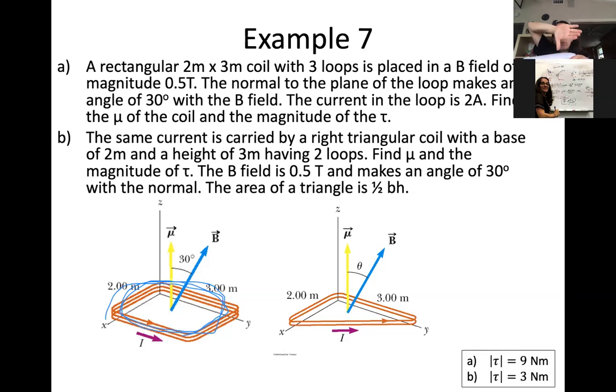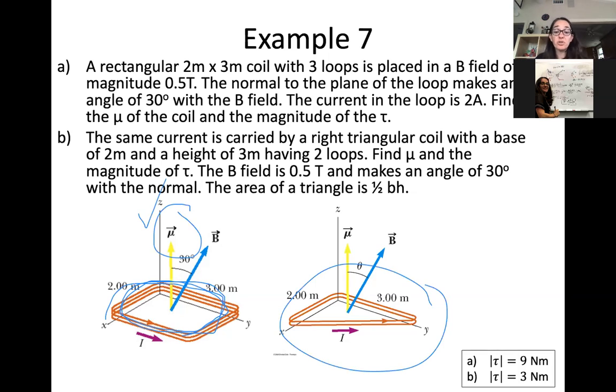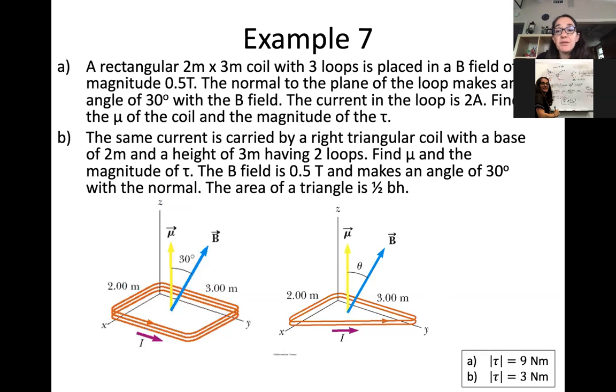If the current were flowing the other way, the magnetic moment would point straight down. But if I follow around that picture, the magnetic moment points straight up. Check. And same with this loop. Sure, it's a triangle, but it's still a loop, and the current still flows around, and the magnetic moment points straight up. Check.